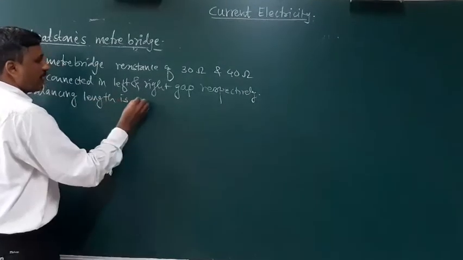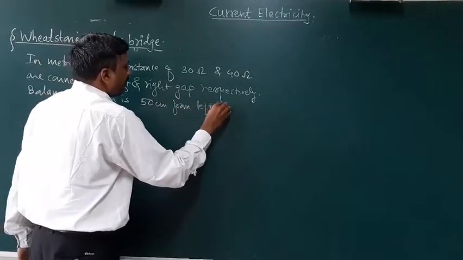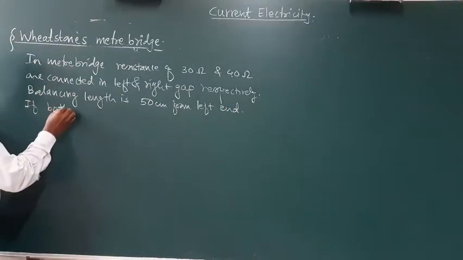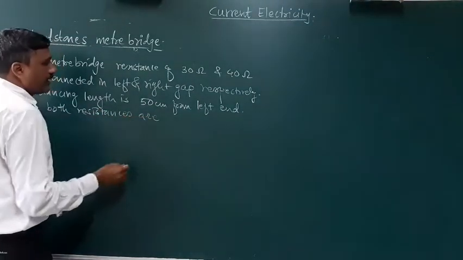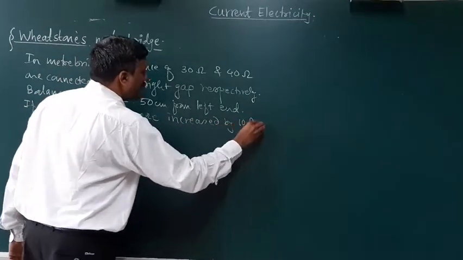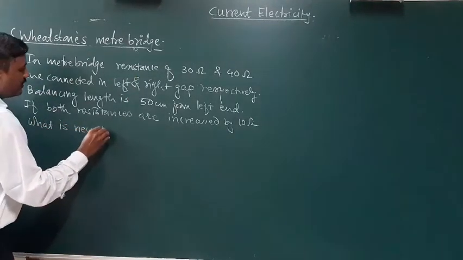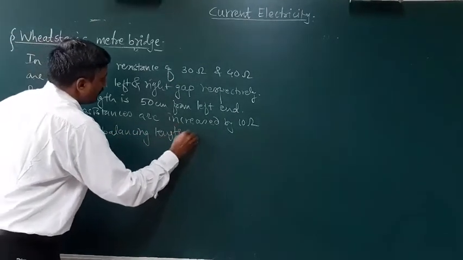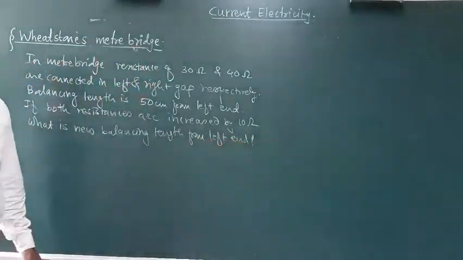The balancing length is 50 centimeter from the left end. If both resistances are increased by 10 ohm, what is the new balancing length from the left end? This is my question.